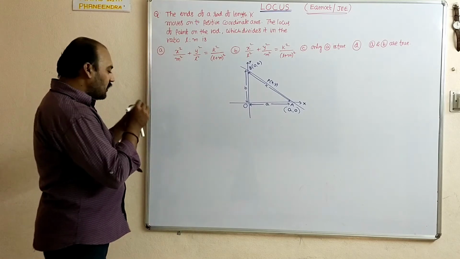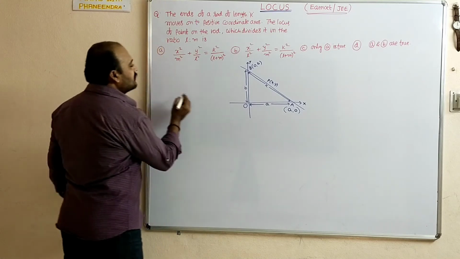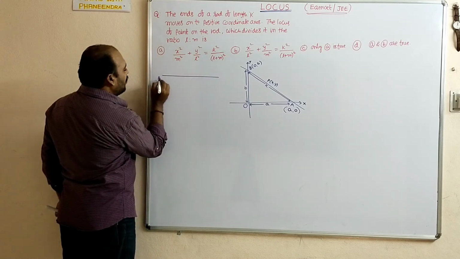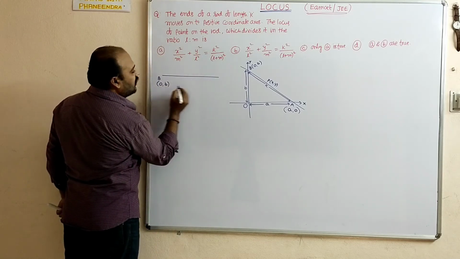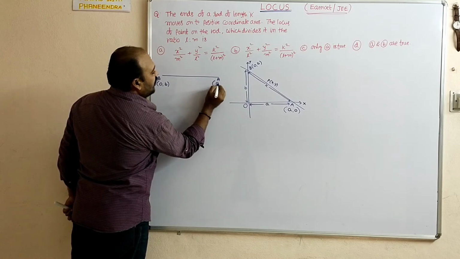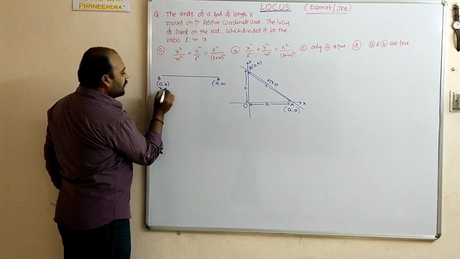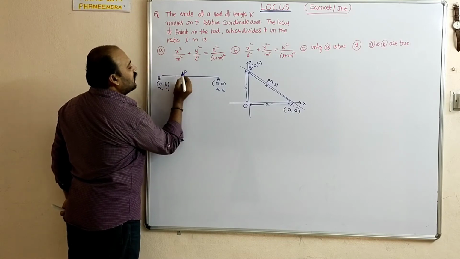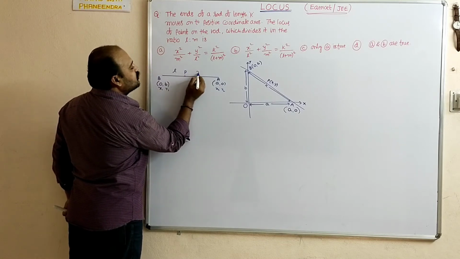See here, two possibilities are there. One is, if we consider the point B as 0 comma B and A as A comma 0, this is x1 y1, x2 y2, and this point P divides in the ratio of L is to M.